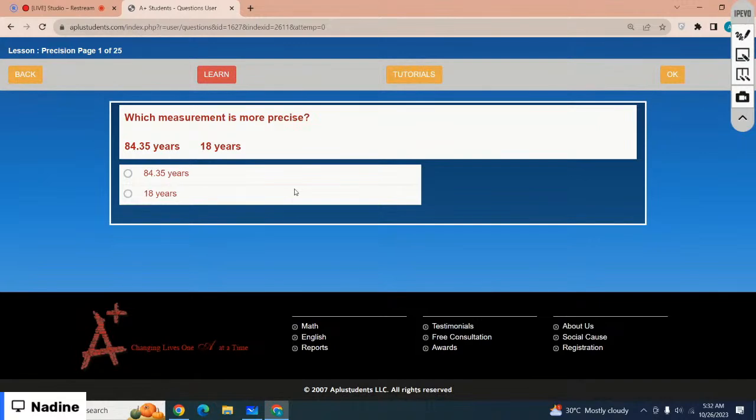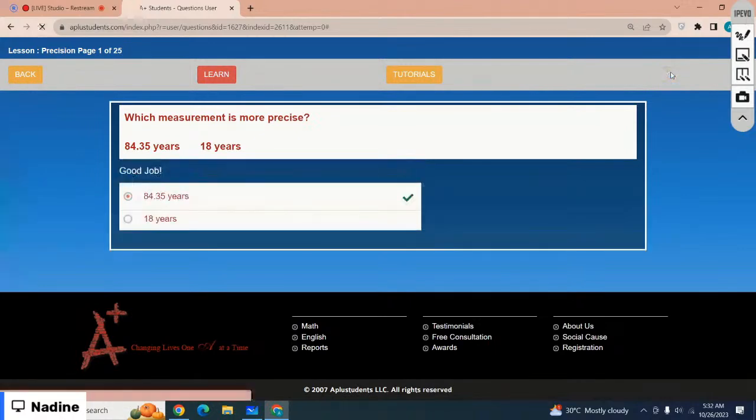The correct option is 84.35 because that is measured to the hundredth of the year, right? The one that has more decimal places is more precise. So 84.35 years is more precise.